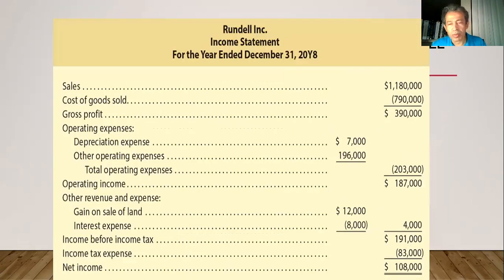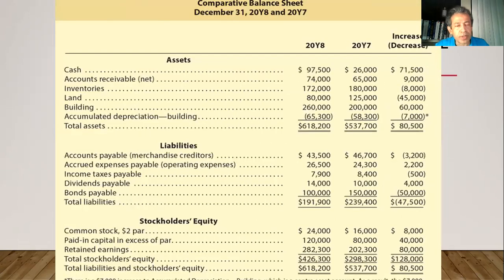And then cash operating expenses. So our other operating expenses are $196,000. And let's look at any change in accrued expenses.